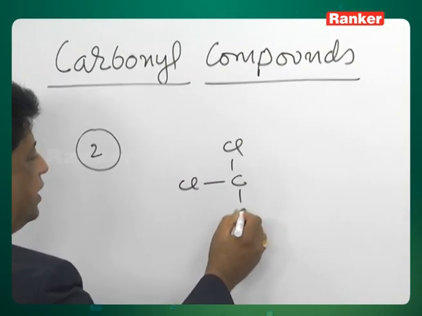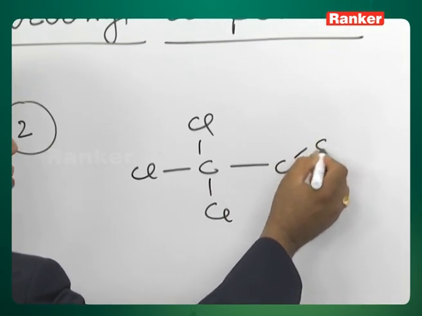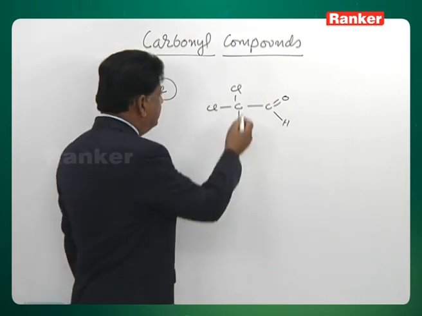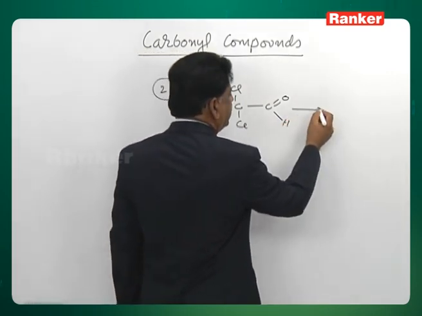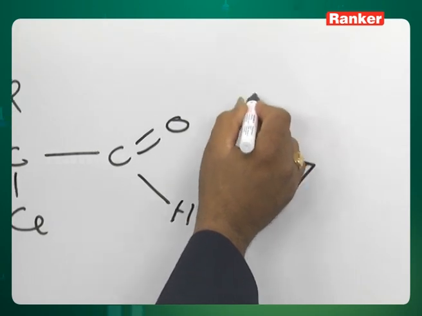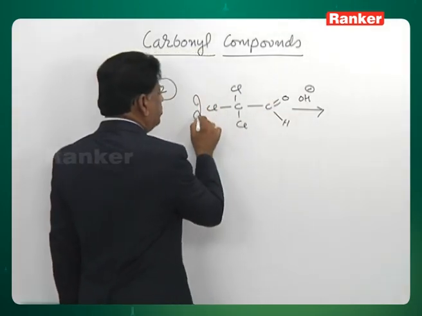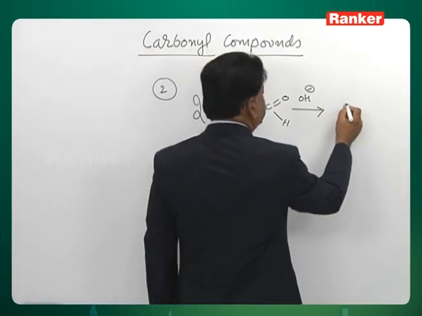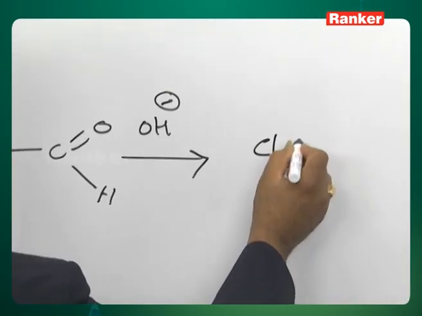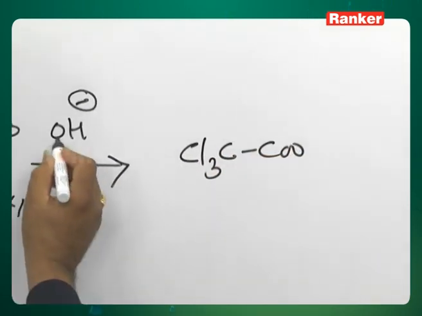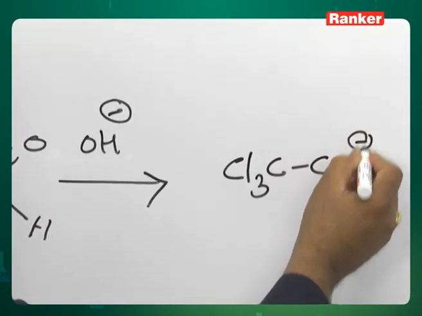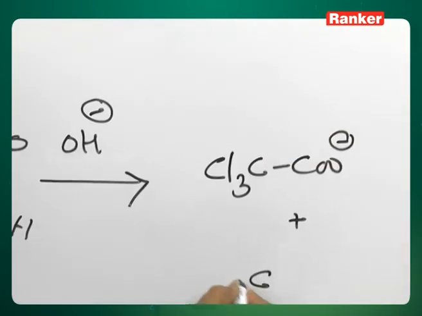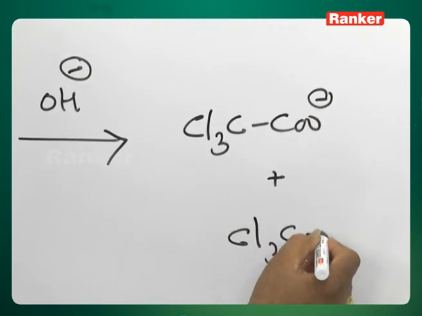Here the question is about trichloroacetaldehyde. Actually, the carbonyl compounds which have alpha hydrogens undergo aldol condensation. The lack of this alpha hydrogen, such types of compounds undergo Cannizzaro reaction. So in this reaction, 2 molecules undergo the reaction. It is a redox reaction. One undergoes oxidation to give the trichloroacetic acid, but if a base is there, the anion will be there, otherwise it will be an acid. The other one will be the trichloroethyl alcohol.